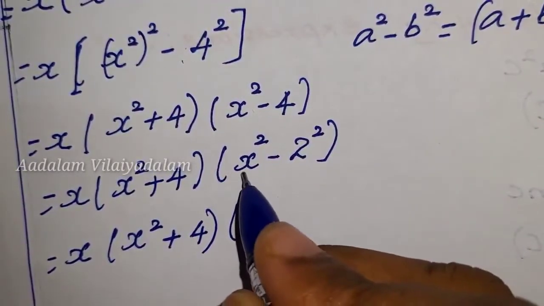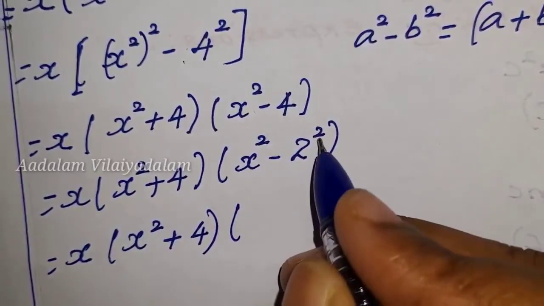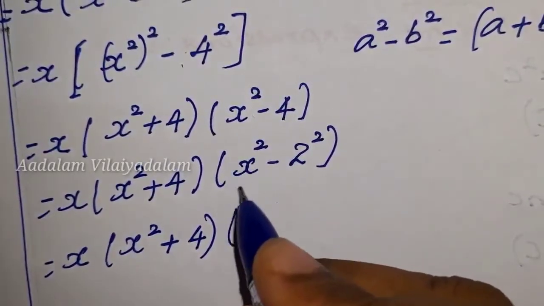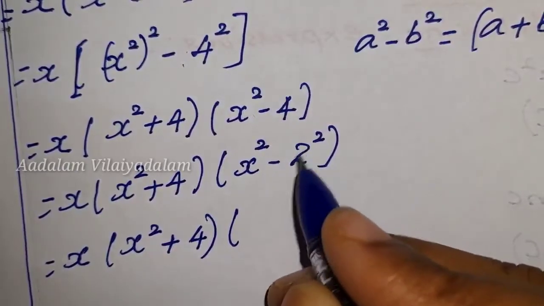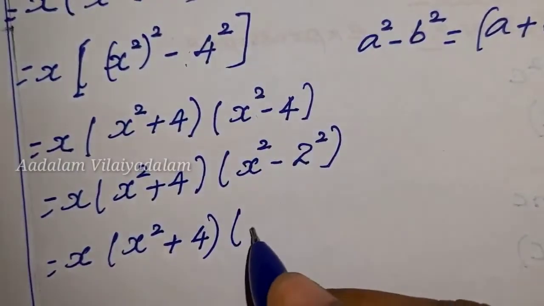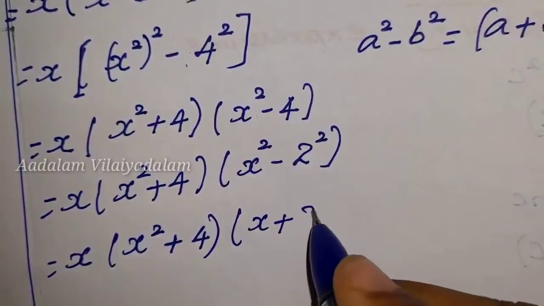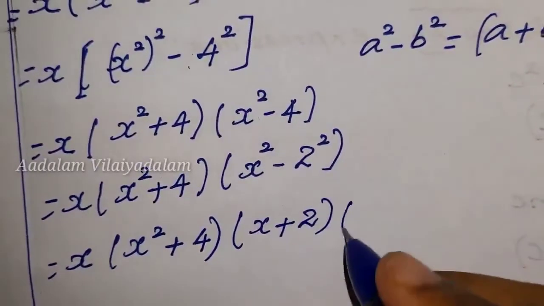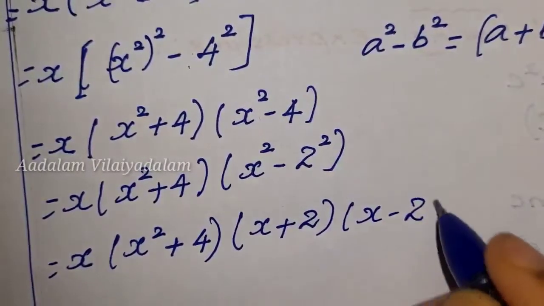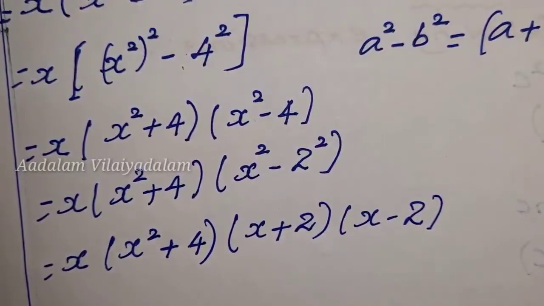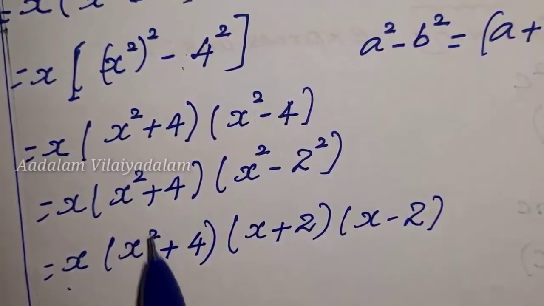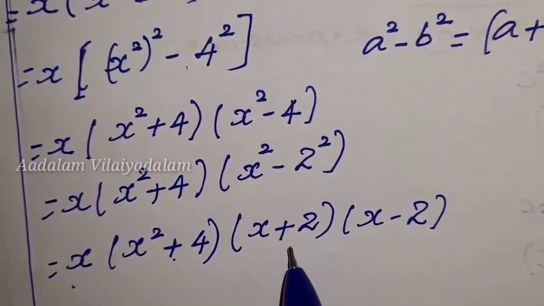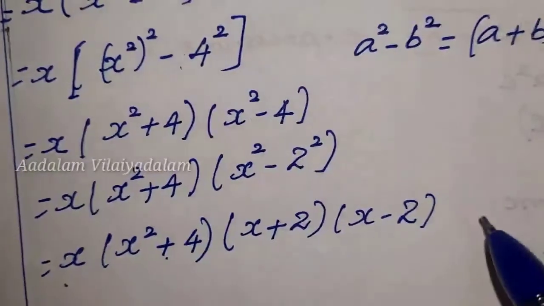This is the format of a square minus b square. What is a? a equal to x, b equal to 2. So a plus b, that is x plus 2, and a minus b, x minus 2. So the last answer is x into x square plus 4, x plus 2 into x minus 2.